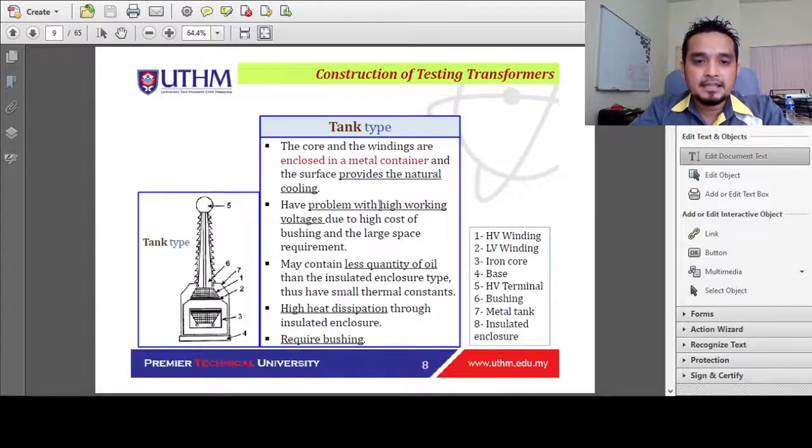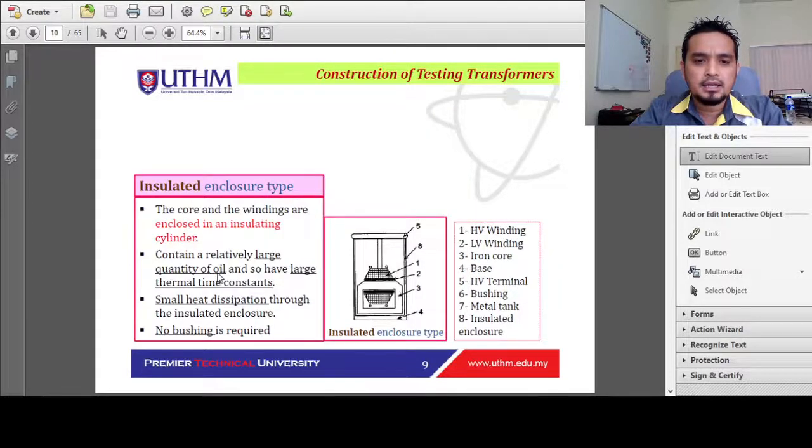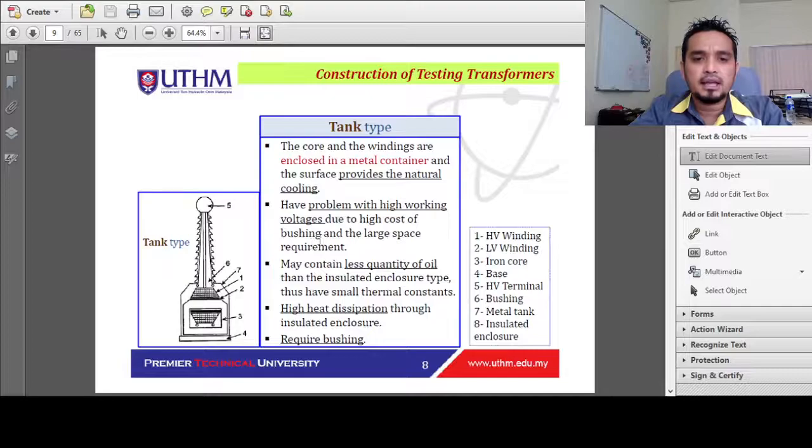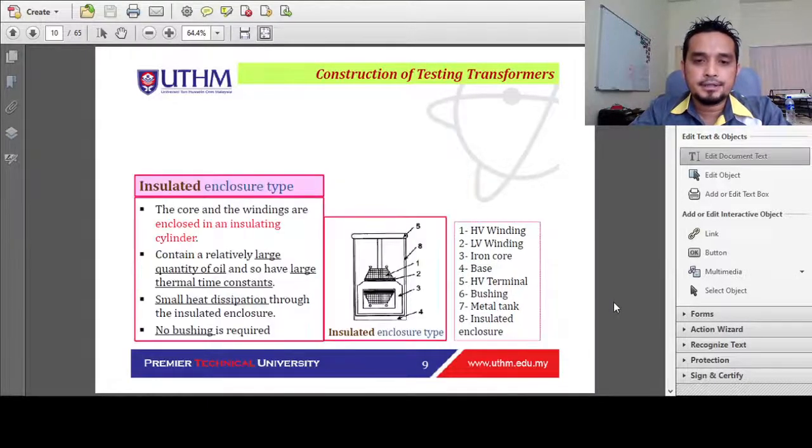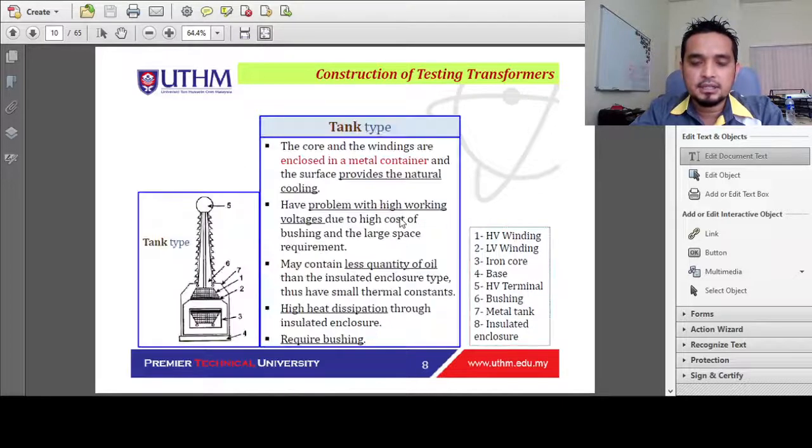A tank type, core. Just to describe the difference between these, if you can see carefully, the core and the winding are enclosed in the metal container. Tank type is a metal container, while the insulated enclosure is enclosed by insulated materials. So what is the reason for this transformer to have a metal container?